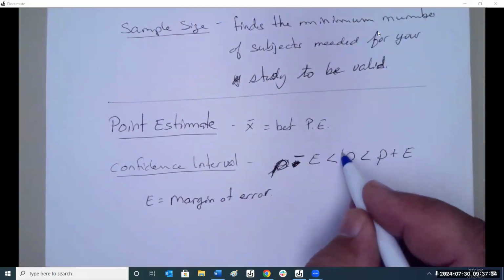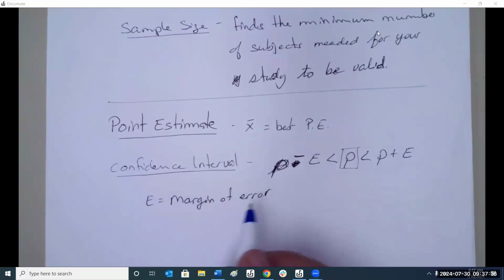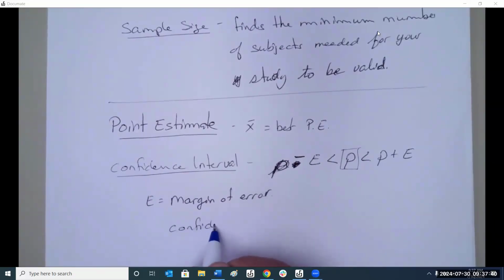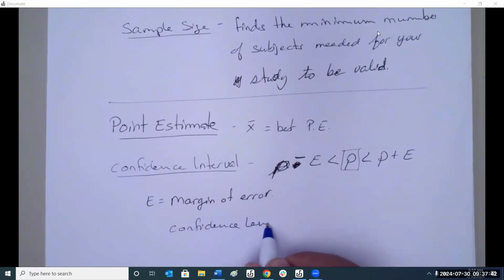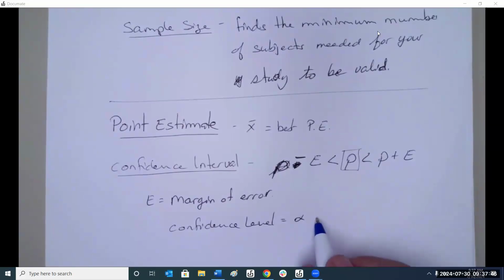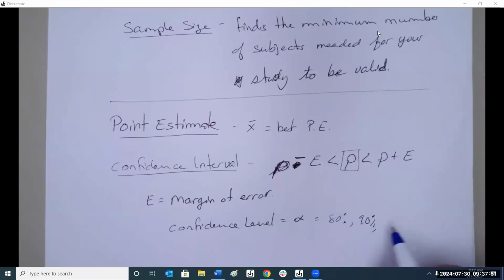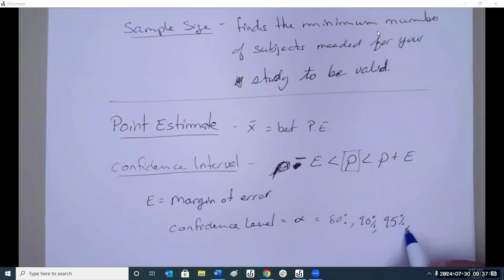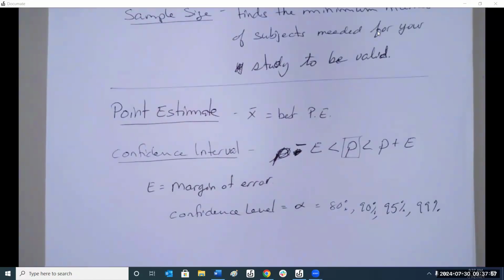Basically, it's saying that our confidence level, that's alpha, we could make it whatever we want to. We say it's 80%, 90%, 95%, or something like 99%.